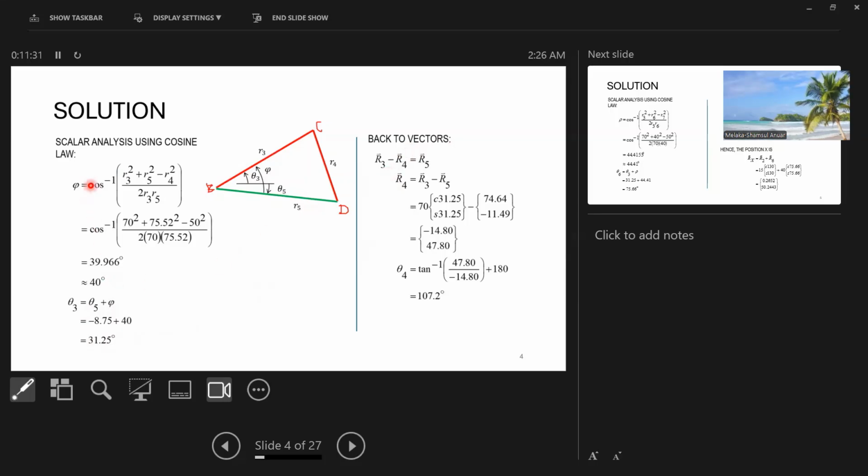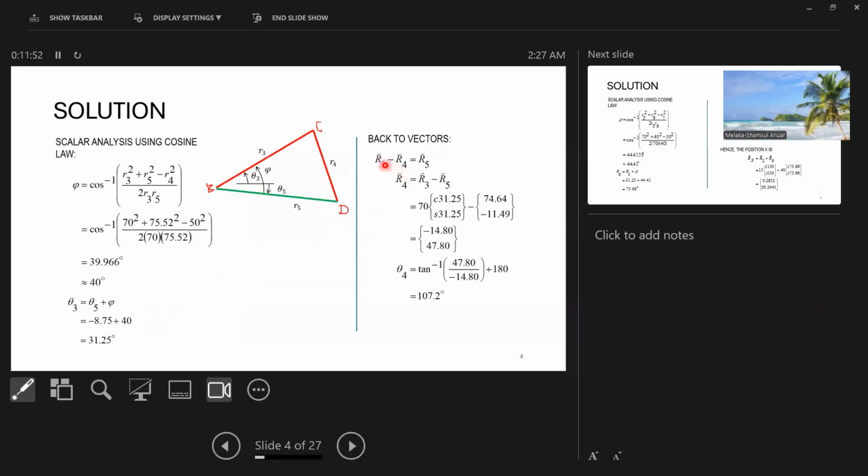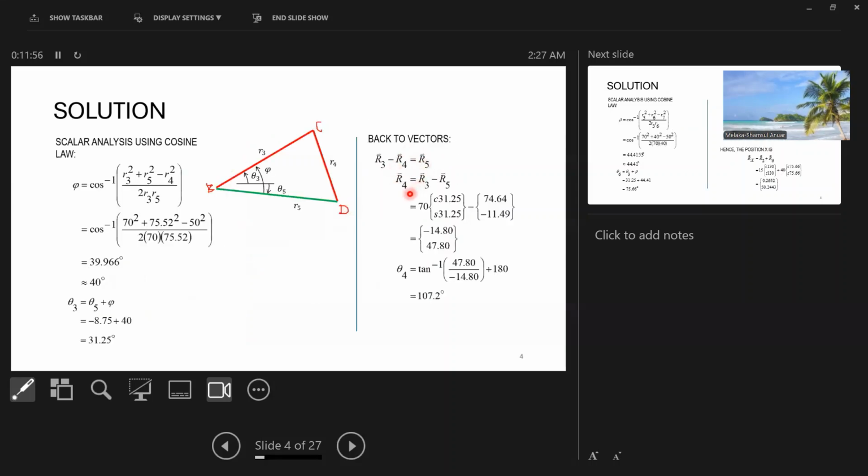Okay, now from the scalar part, we get back to vectors. Back to this equation, from over here. This is R3 and R4, and that equals R5. So R3 minus R4 gives you R5. Rearrange.